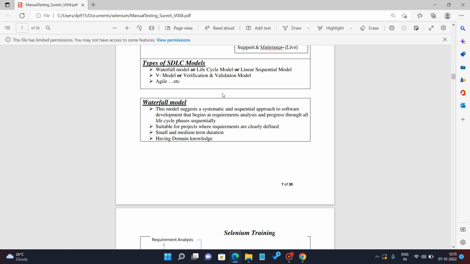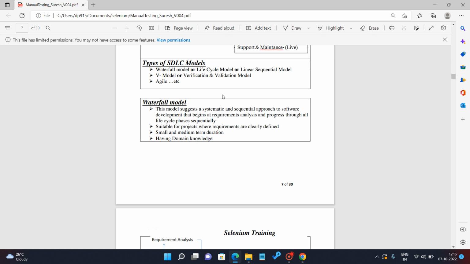Second, the V model, which means verification and validation model. The last is the agile model. The agile model is a legendary model, and most software companies use it in real time.